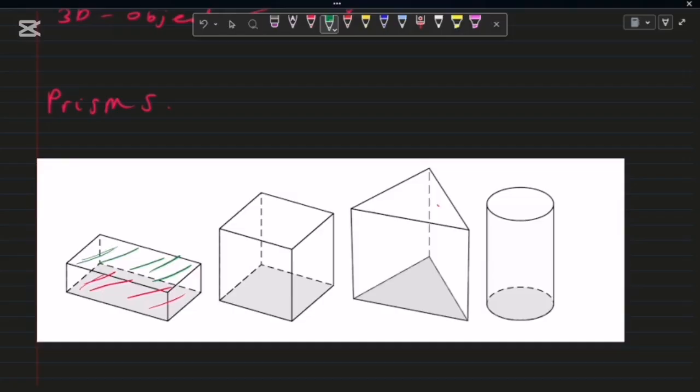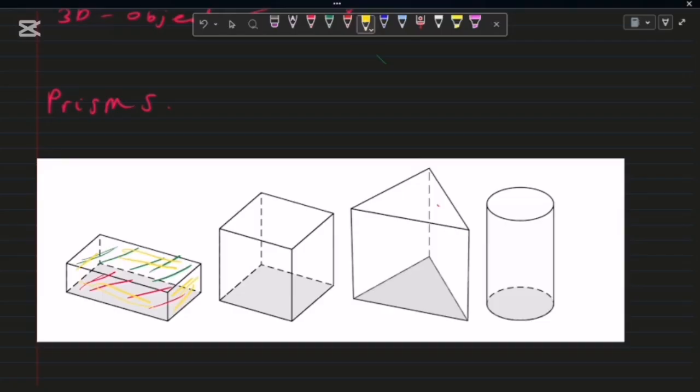Another way of looking at this idea is we can say that a prism is any object whereby the faces, when I'm talking about the faces, I'm talking about these ones, the sides of the object, are perpendicular to the base of that object.